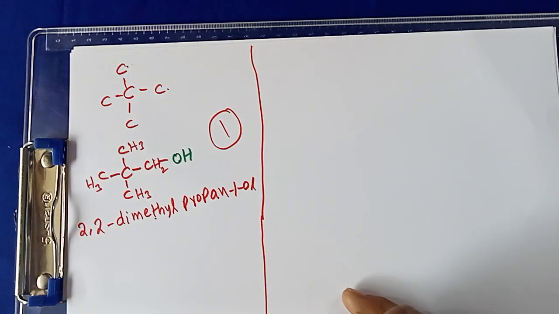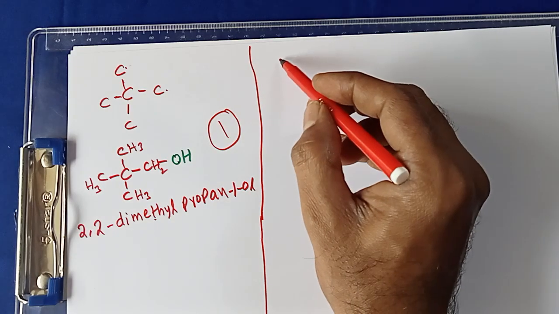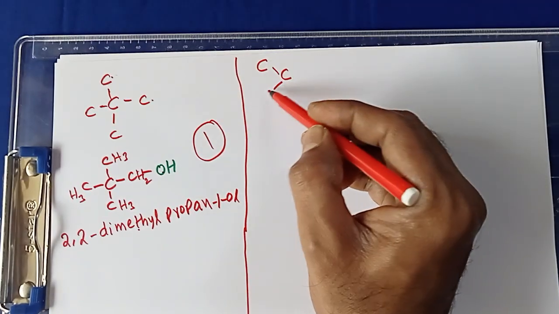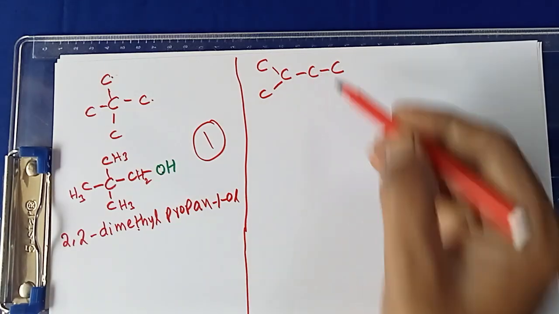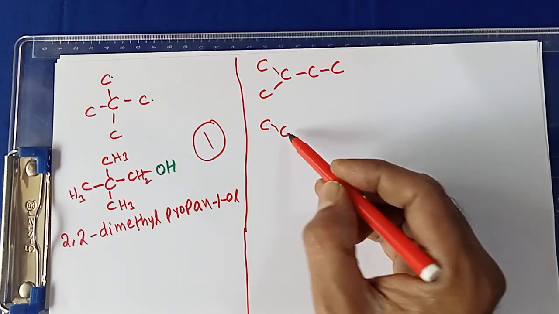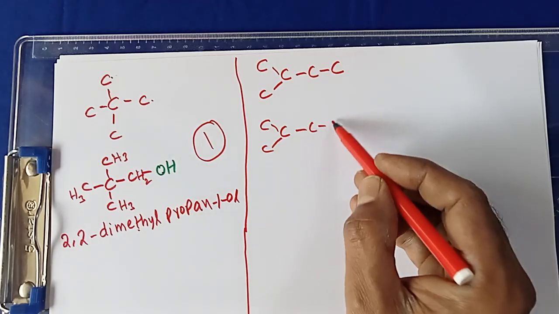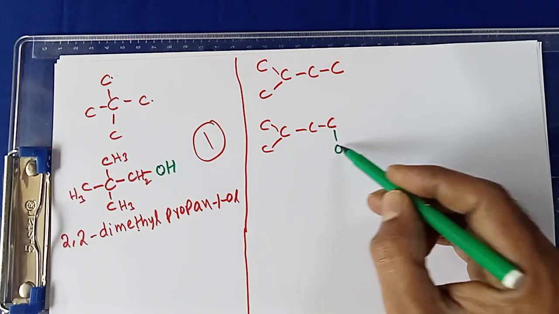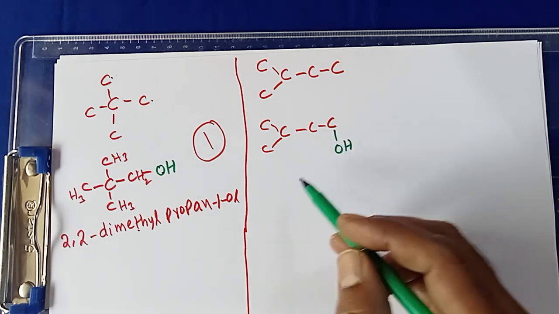What is the next chain? The isopentane chain. You write an isopentane chain: carbon, carbon, carbon and carbon. If you write the OH group here, you get the same molecular formula. What is the IUPAC name?